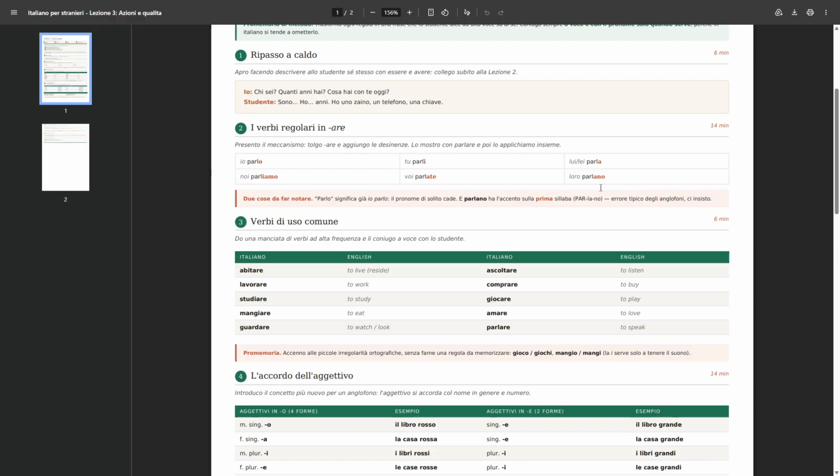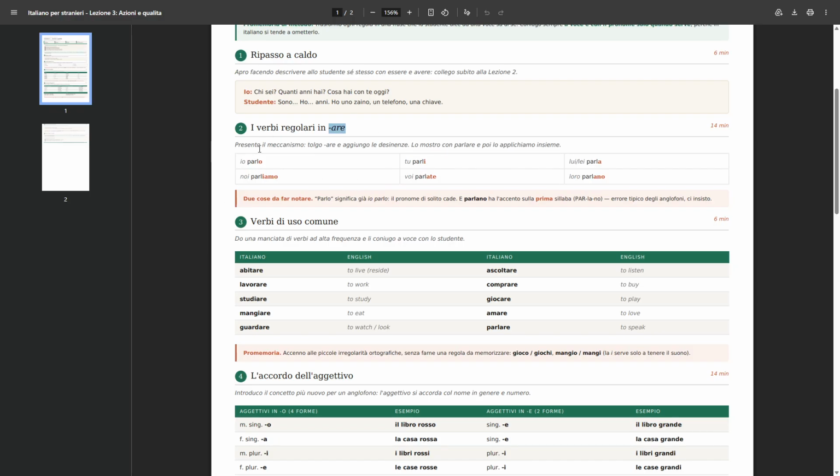We basically take away -are from parlare, so we are left with the root of the verb, parl, and we are going to add the desinence. The desinence is based on the person that we are talking about.